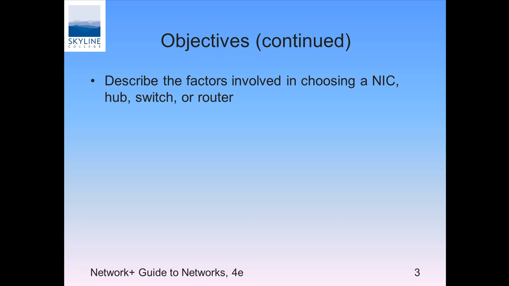Factors involved in choosing a NIC, hub, switch, or a router. What factors are involved when you choose? What you're probably going to choose at home is a router switch, right? Home router, what factors do you look at? Price? Me too. Absolutely. Durability, power, range. You're talking wireless and range. How about the number of computers that are going to connect to it?